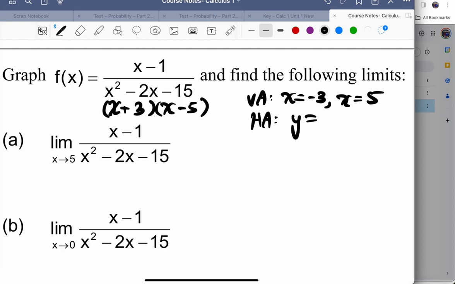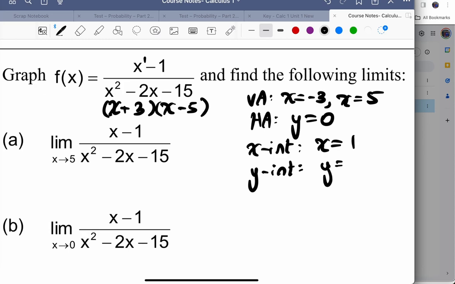The power on the top is less than the power on the bottom, so the horizontal asymptote is y equals 0. We have an x-intercept: set the top equal to 0, x equals 1.